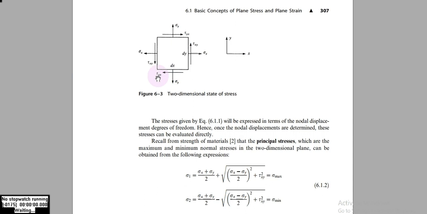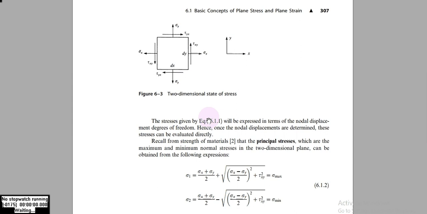Similarly here tau yx and tau xy, which are in opposite direction and equal magnitude. Okay, so this is two-dimensional one.